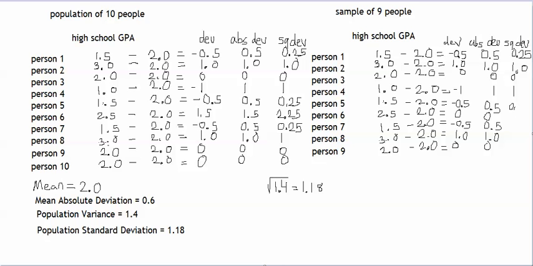So I'll add them right now. And if I add 0, it doesn't change. Now I have to divide the total by 9. And we get 0.5.